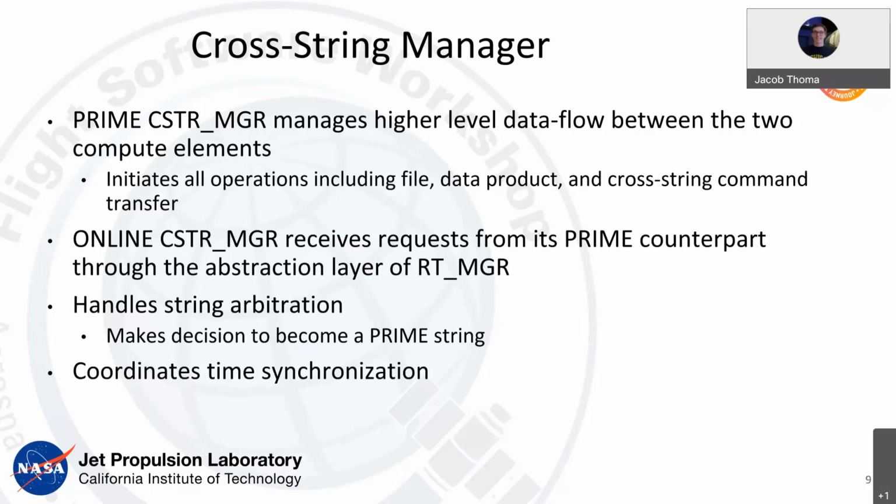It also coordinates time synchronization between the two strings, since our time synchronization is centered around a periodic 1553 mode code for finer grained time sync, and then another 1553 message which contains the seconds of the prime string for coarse grained time sync. Now Armen will talk a little bit about RT Manager.